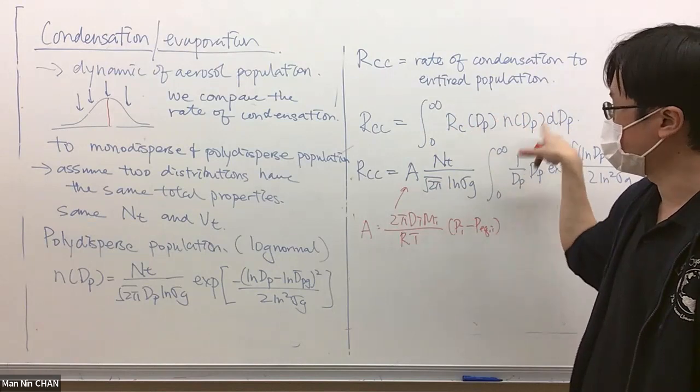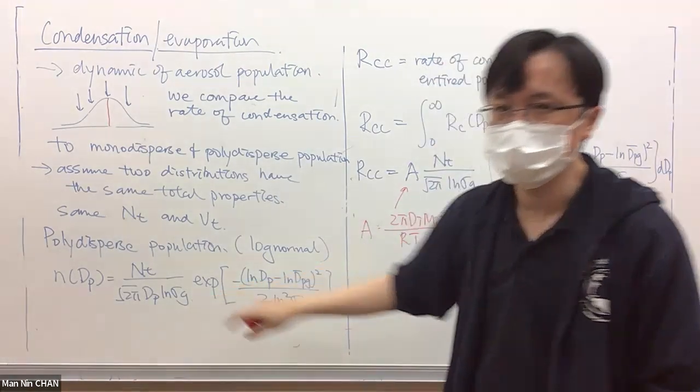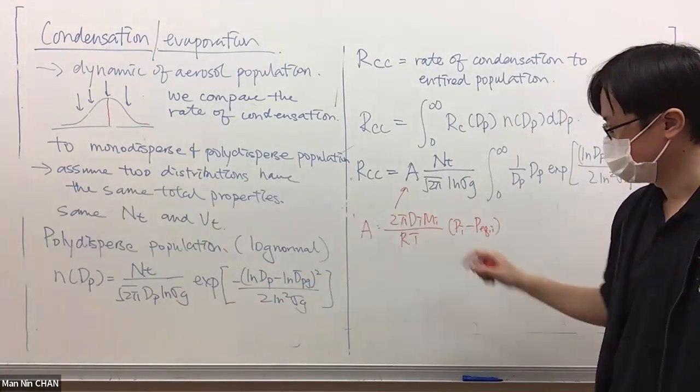Right now, you know this is called the normally distributed function here.